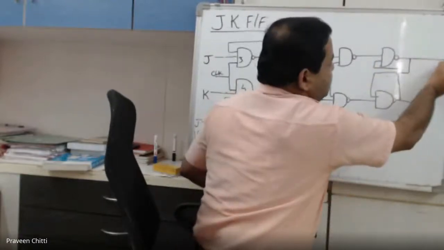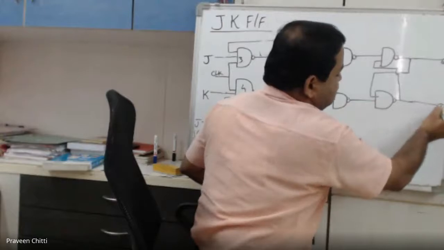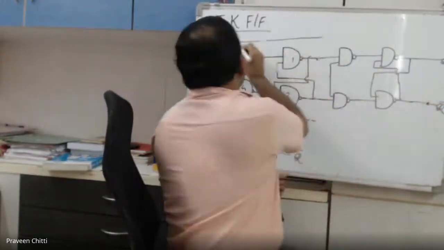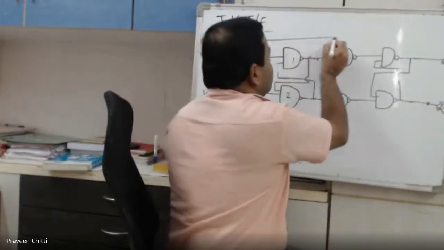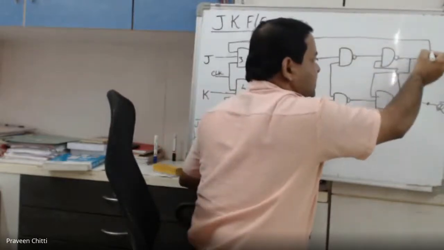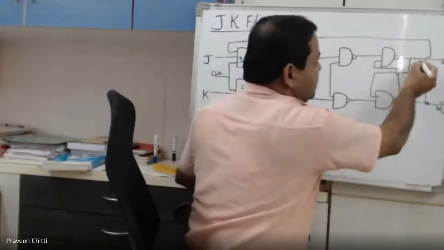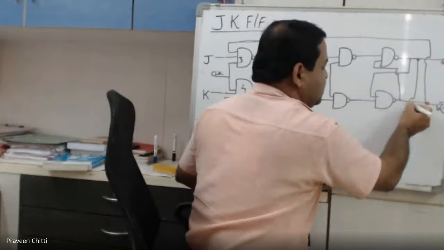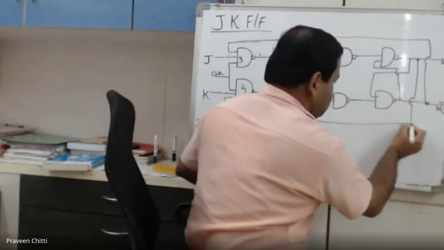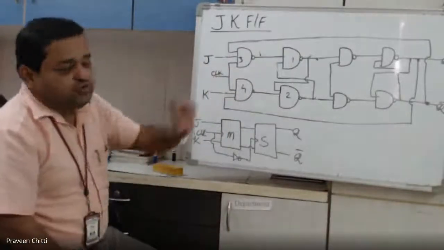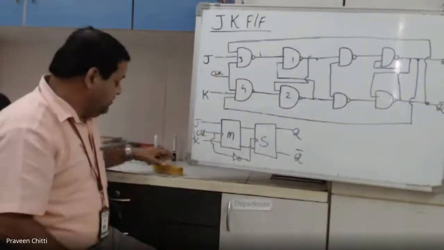And then we have this is Q and this is Q bar. Now you have to connect this Q bar output to the upper NAND gate like this, and to the lower NAND gate you have to connect Q. Take this Q and connect it to the lower NAND gate. This is what we have done: cascading of two flip-flops.